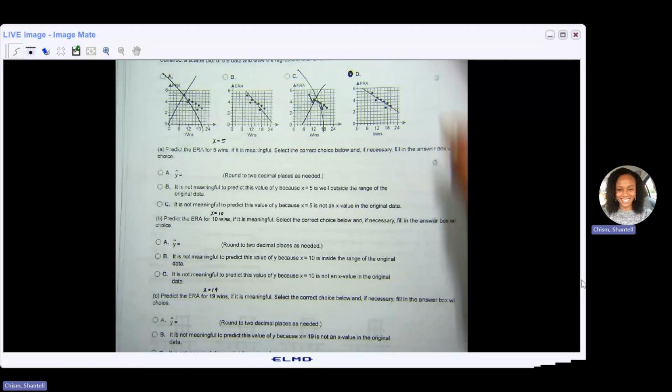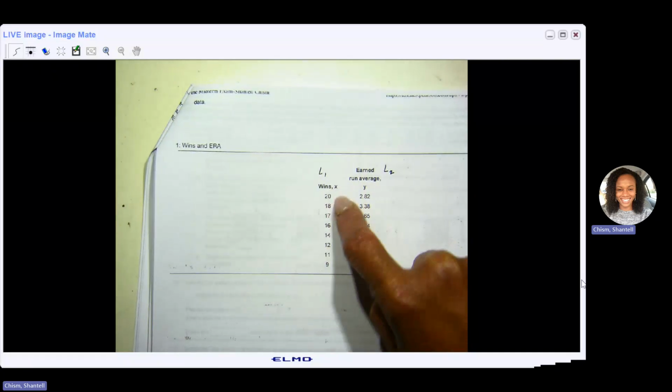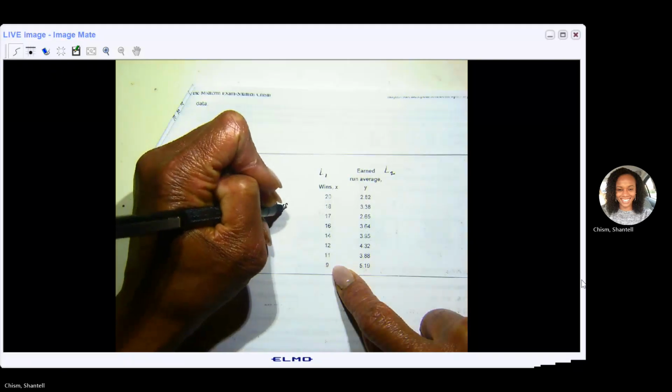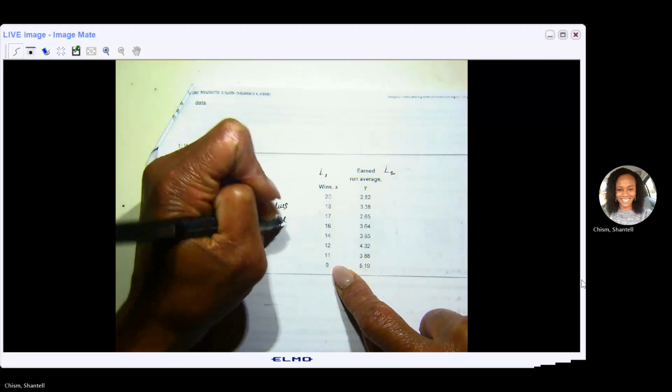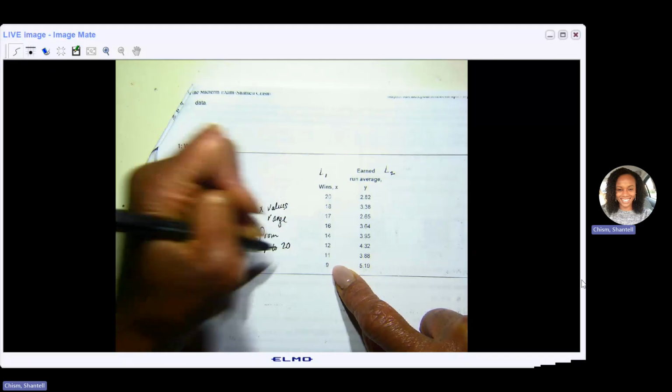So let's go back over here and look at this data set. Your data ranges from a smallest value, and we're talking about x here, because remember, we're predicting y given an x. So the given x has to fall within the range. Our x values range from 9 to 20.